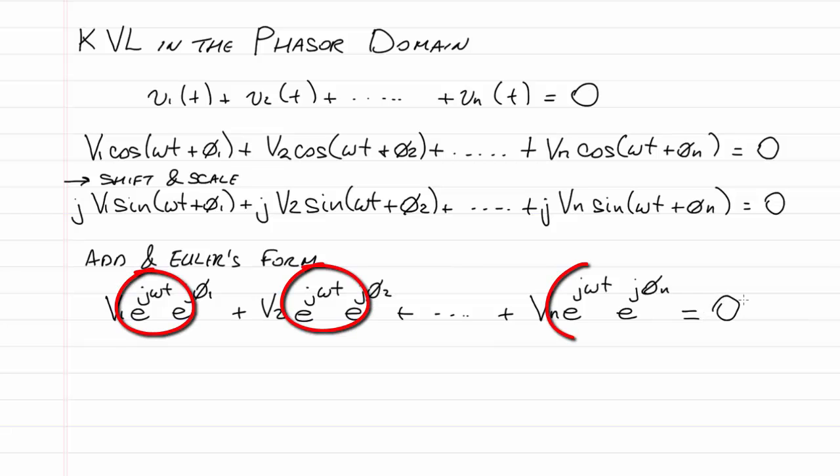Now when we go to the phasor domain, we suppress the e to the j omega t term, but you can also see that it's a common factor in every one of these, so I can simply cancel it out.